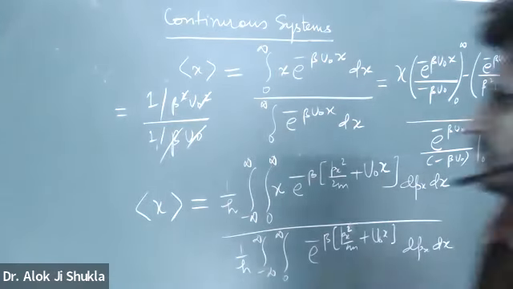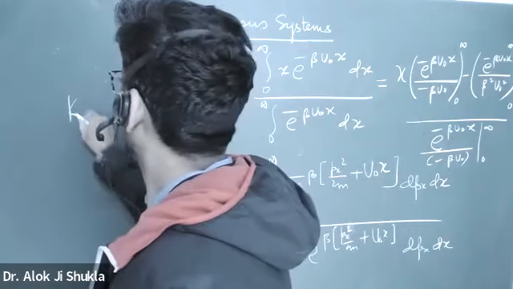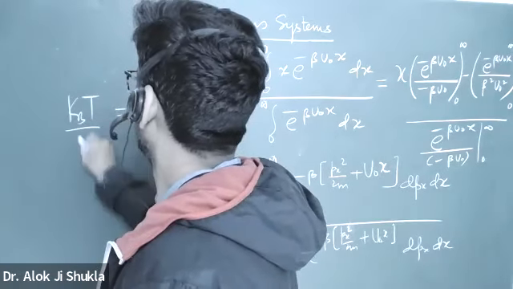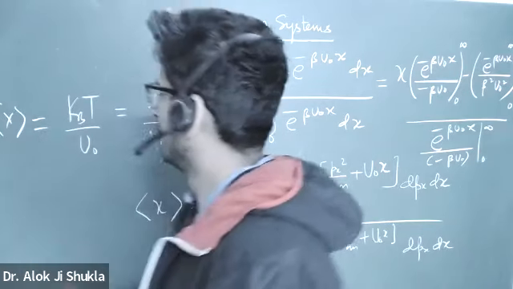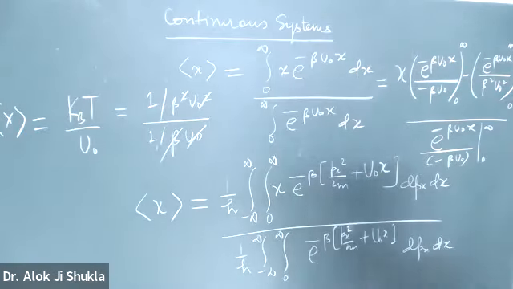So what will be the answer? kbt by u naught is the average value of x. देख लो जरा.